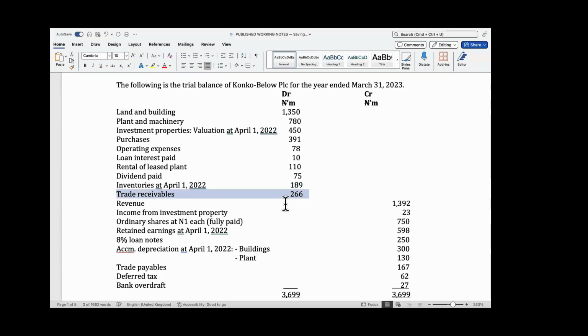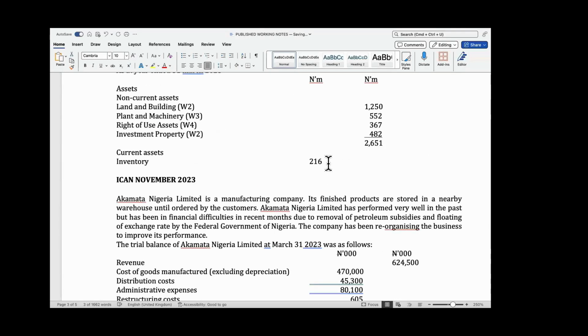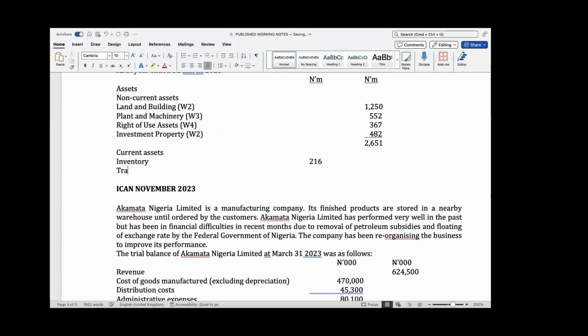Trade receivables 266. So what's the addition of these two?